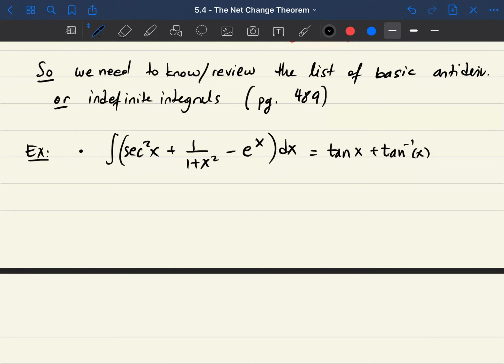And then for e to the x you have, so this should be minus, for e to the x you have e to the x again, so plus the constant c.